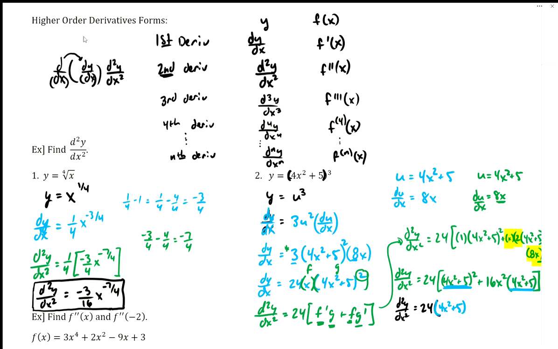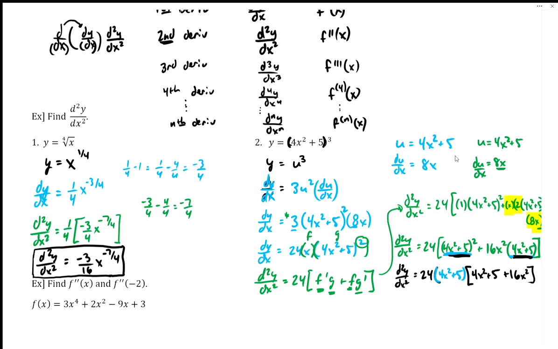So inside the bracket, I took 4x² + 5 out of this first term. It was squared, so that means it's no longer squared, it's just 4x² + 5. And then in the second term, I took that whole 4x² + 5 out. So I'm left with plus 16x². And then we'll finish it off.